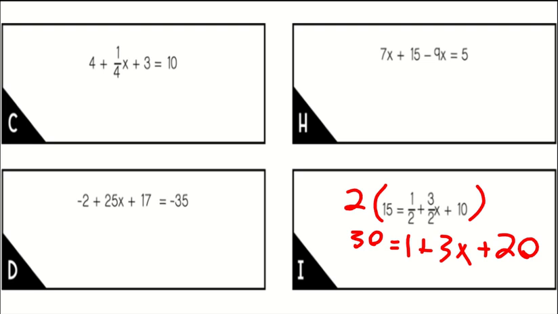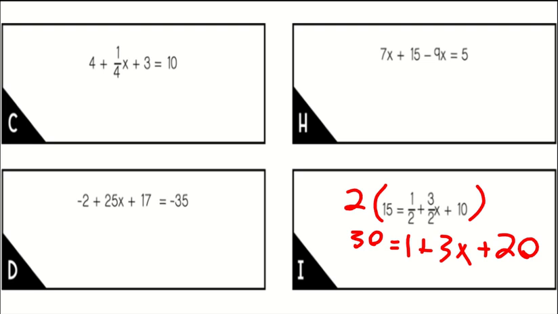Every number, both sides. What don't I have anymore? Fractions. Could I still have a fraction for an answer? Yeah. But it eliminates doing some of the math with the fractions, okay? If you had other parentheses, you're going to want to distribute before you ever do that, though.